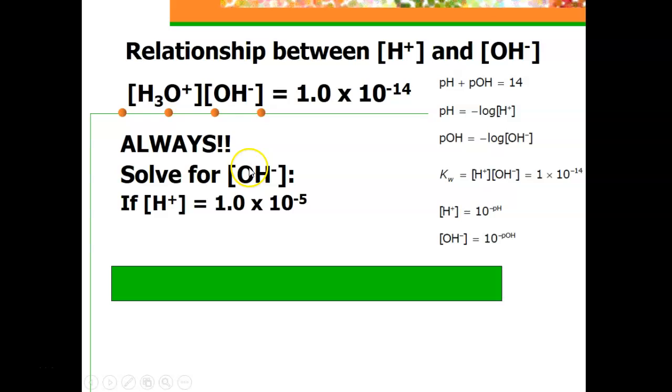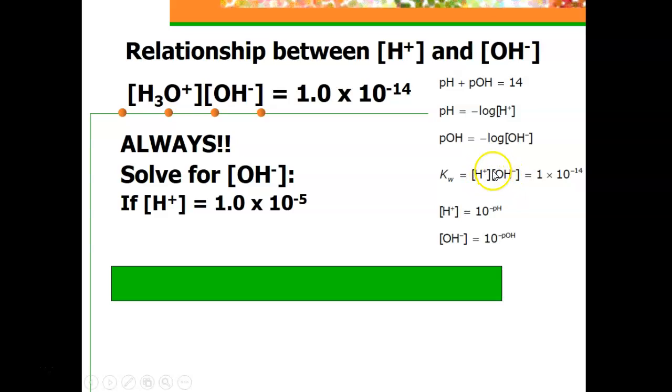So it says solve for hydroxide concentration, but you have hydronium given to you. Now, I can't use 10 to the negative pOH because I wasn't given pOH. What can you do to get hydroxide concentration if all you have is hydronium? Well, here's my self-ionization formula. Hydronium times hydroxide equals 1 times 10 to the negative 14. You have your hydronium, but you want to get hydroxide.